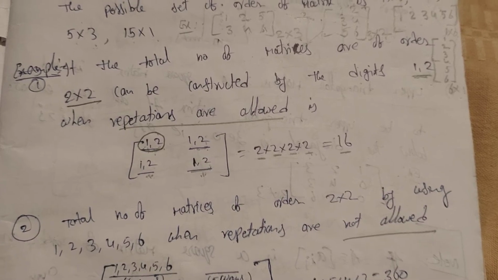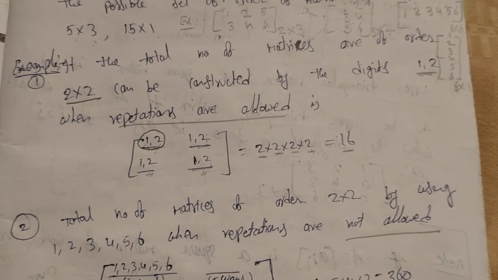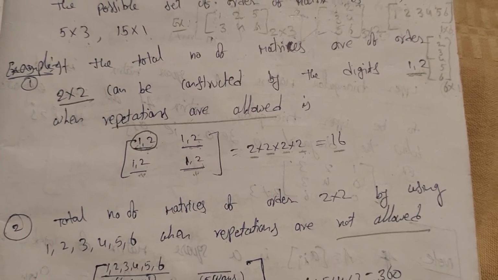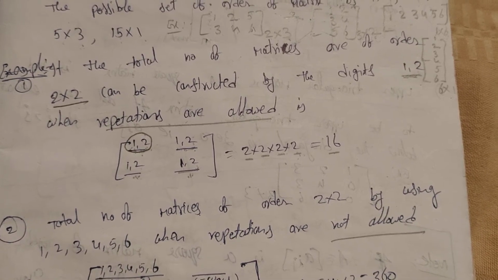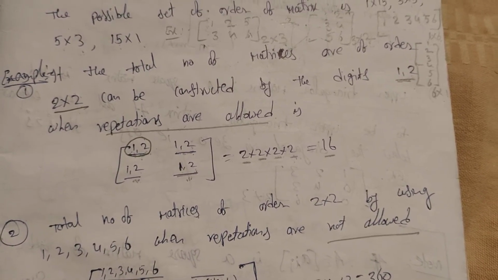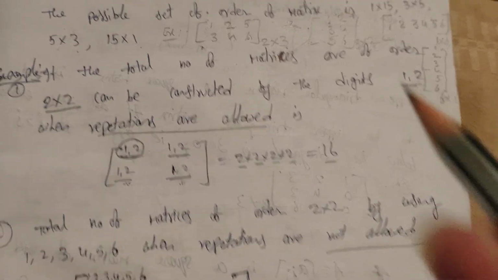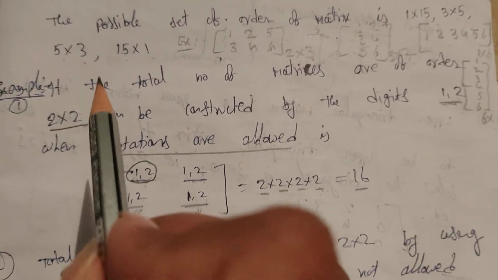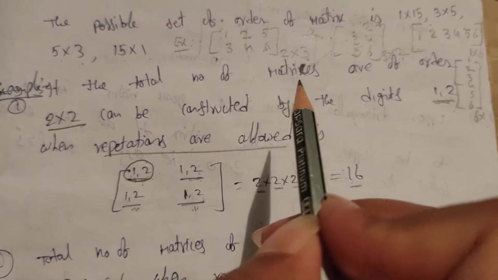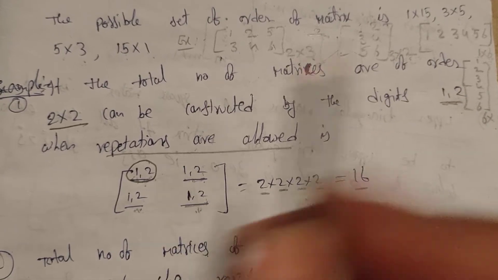Example: if the total number of matrices of order 2 by 2 can be constructed by the digits 1, 2 with repetitions allowed is... See, the question is very easy, a little bit of twist is there.